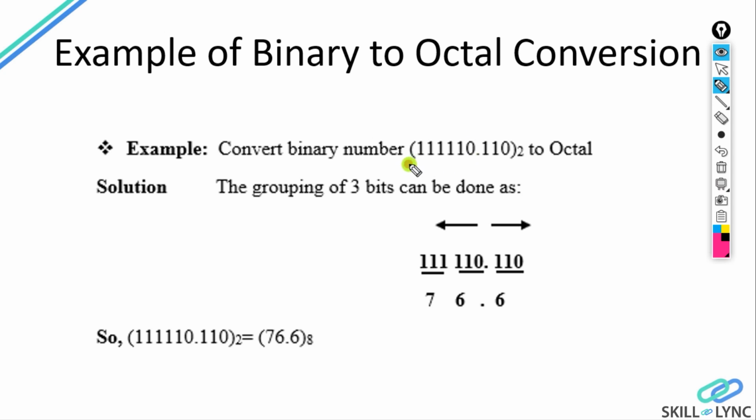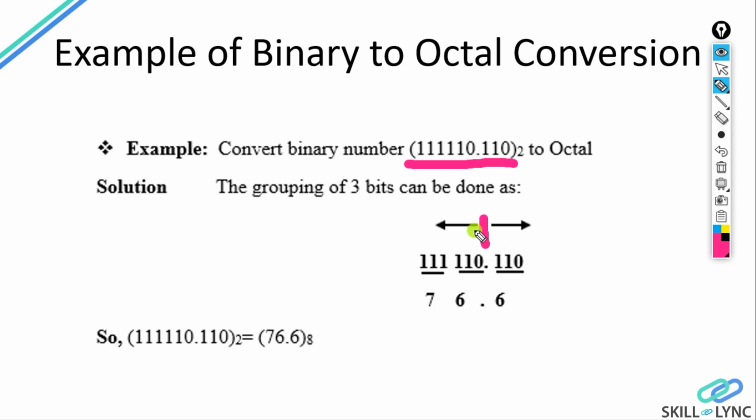Here we are taking this number, 111110.110. Now the rule says identify where the integer and fractional part are, meaning where the decimal point is. This is the point.